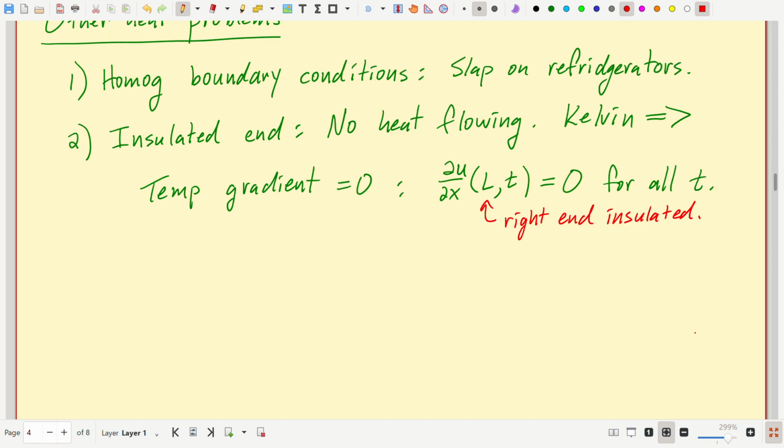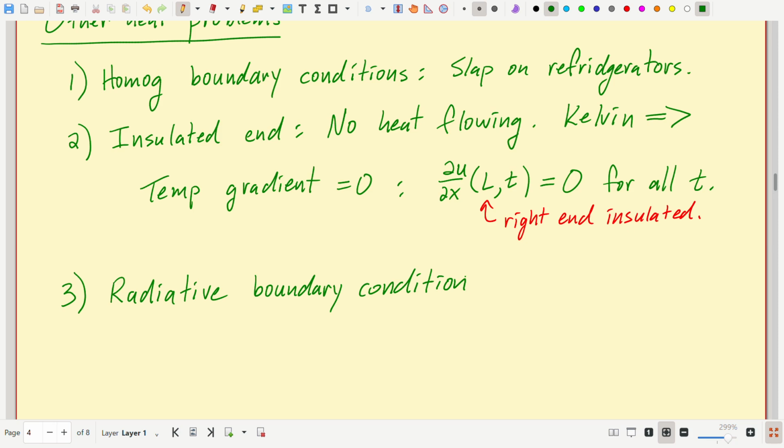Let's see, another possible thing to study, which is pretty interesting, is a radiative boundary condition. So if you're out in space and you've got a hot something, infrared heat radiation would send that energy out into space, and you'd cool off.